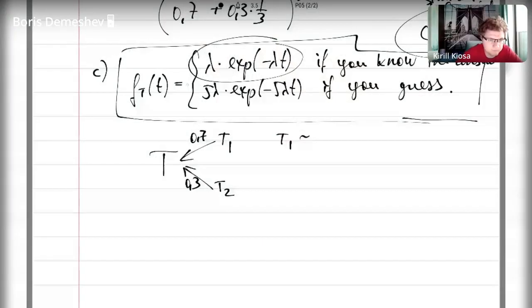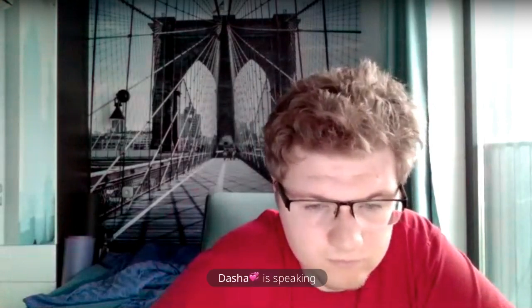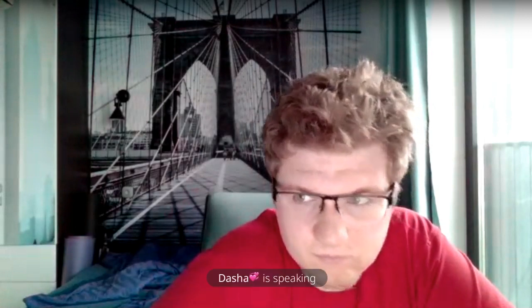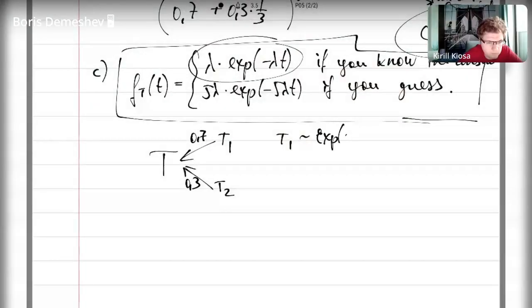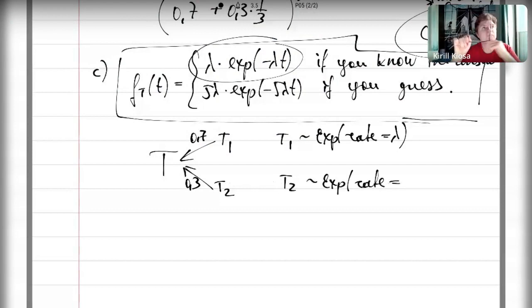What is the name of the distribution lambda times exponent minus lambda t? Exponential, bingo. T1 has exponential distribution with rate equal to lambda, and T2 has exponential distribution with rate equal to 5 lambda. Yeah, you are right, that's very good.